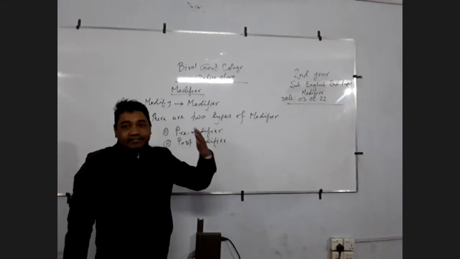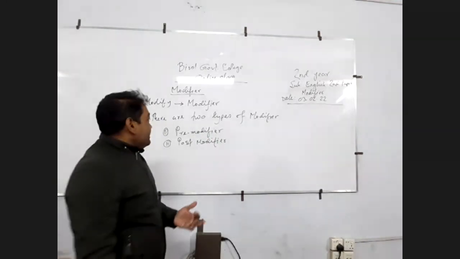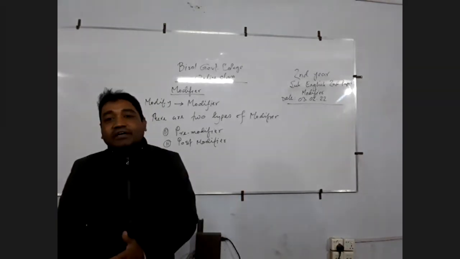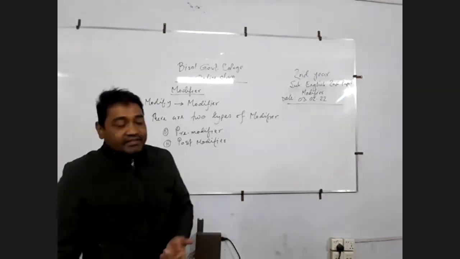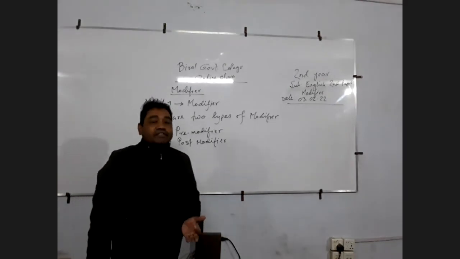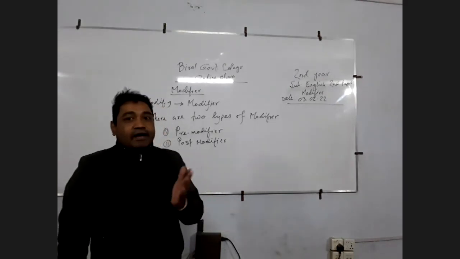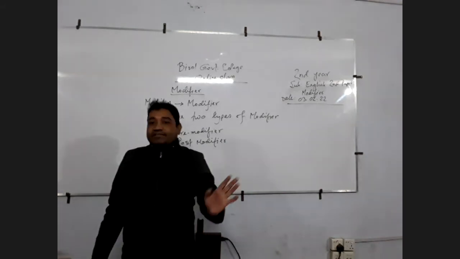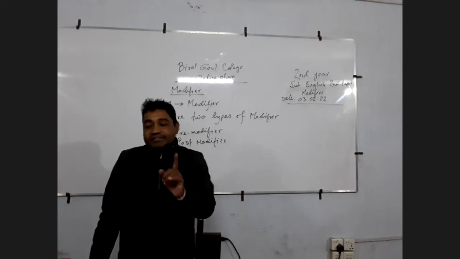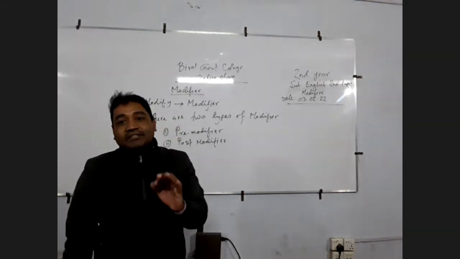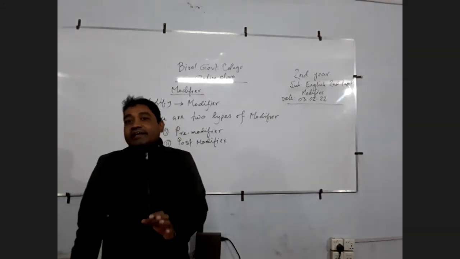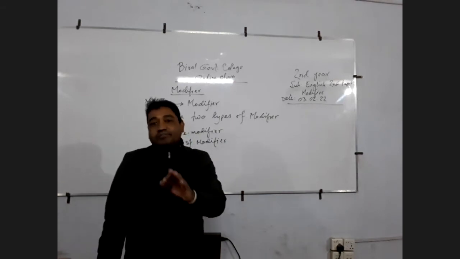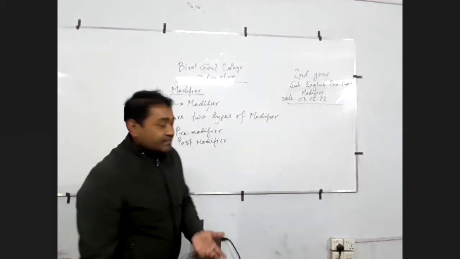Pre means before. And when a modifier sits after a word and modifies that word, that is called a post-modifier. So post means after. So the position is the key: according to where you use the modifier, it will be called a pre-modifier or a post-modifier.